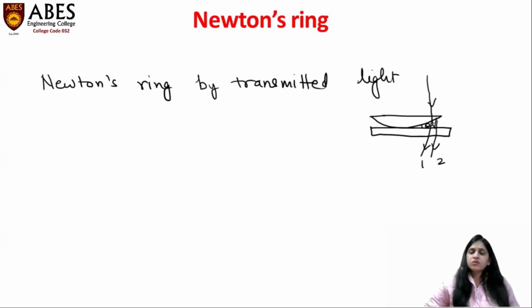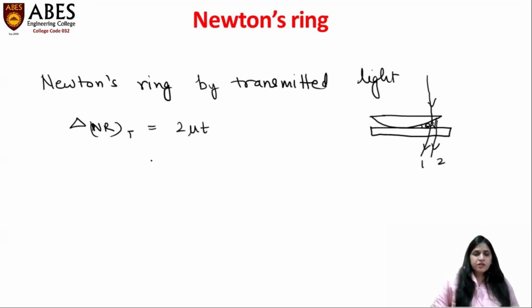We are not talking about the reflected rays here. So when we talk about transmitted rays, what is the path difference? The path difference in the Newton's ring, of the transmitted ray, is given by 2 mu t.